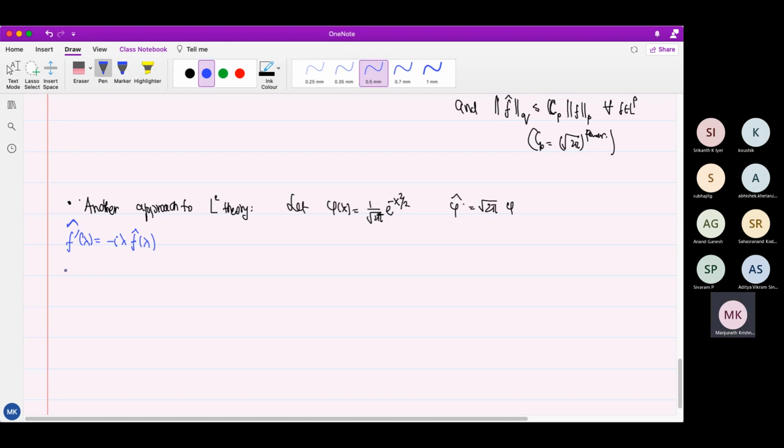Similarly, if you want f hat dash of lambda: if you take x times f of x, minus i x f of x has Fourier transform f hat dash of lambda. Is that correct? Have I written it correctly?